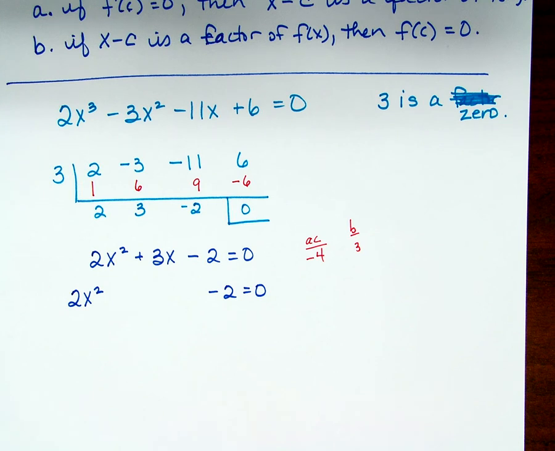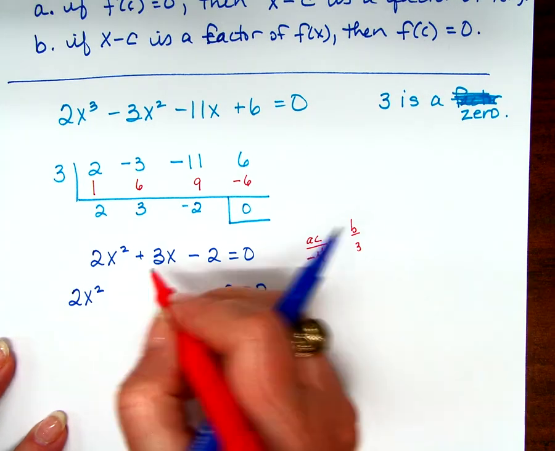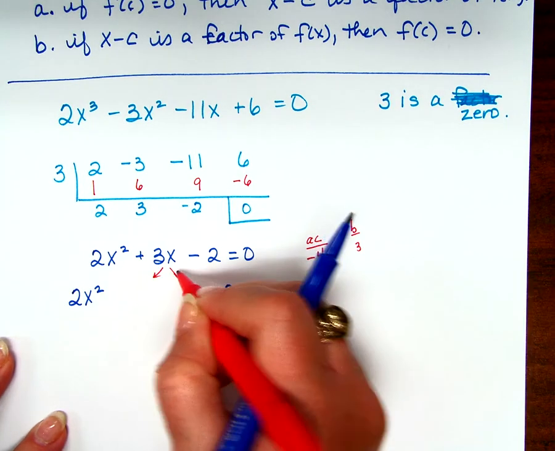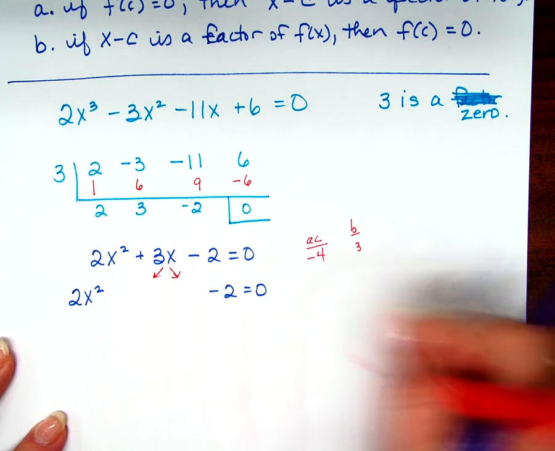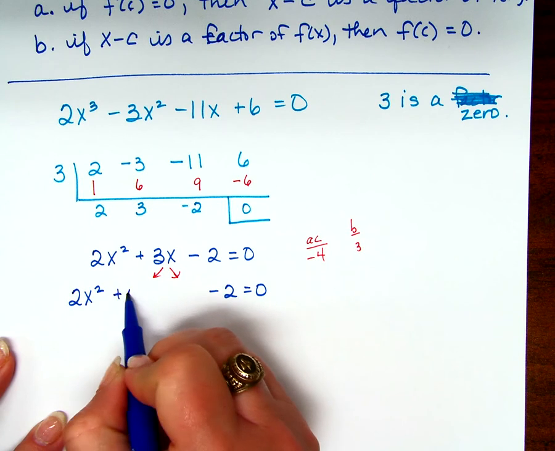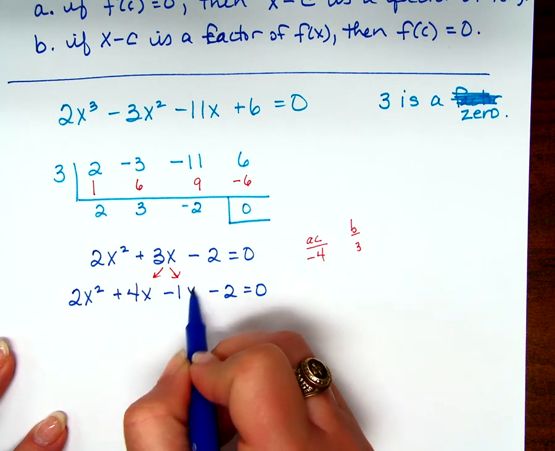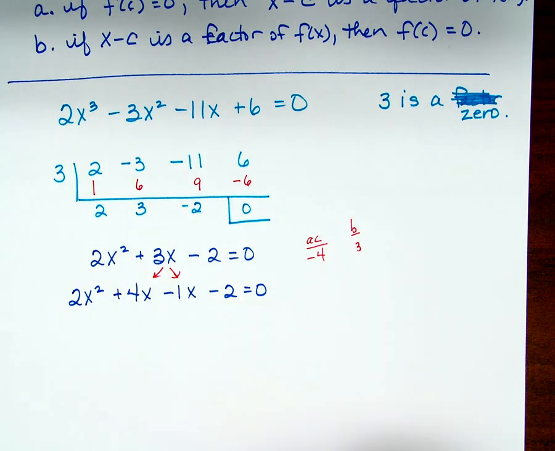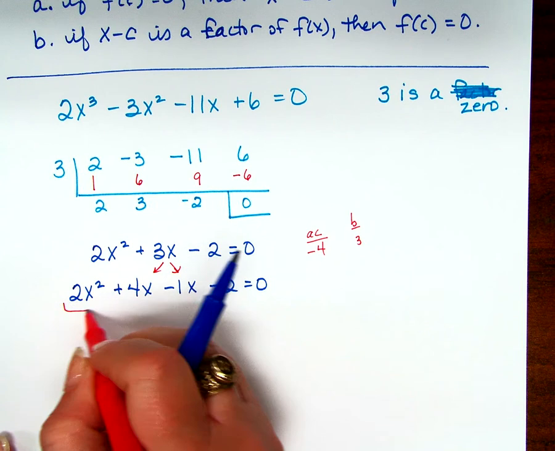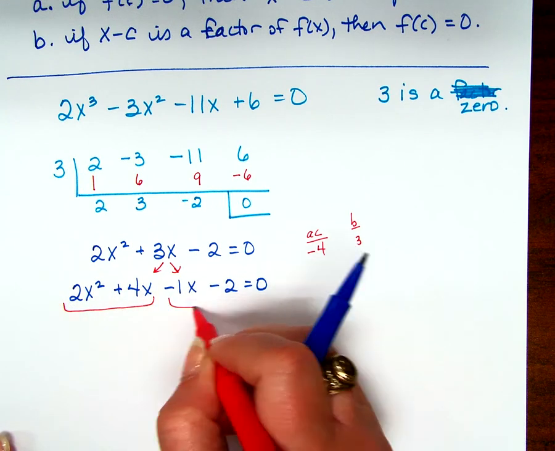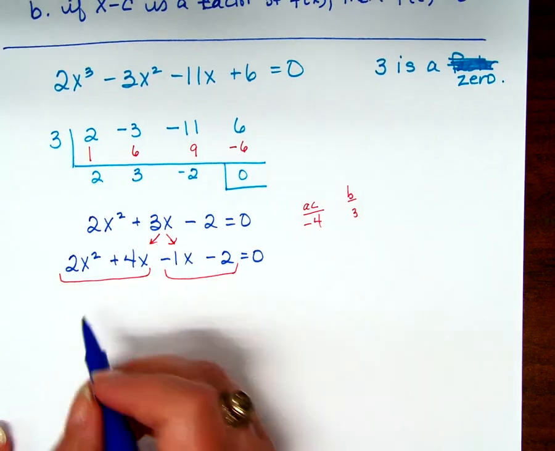How about positive 4 and negative 1? Absolutely. So remember, I rewrite this middle term. I split it into 2 parts, the 2 parts that you just told me: positive 4x and negative 1x. Because then I can factor by grouping, can't I? Here and here. What's common in the first 2 terms?